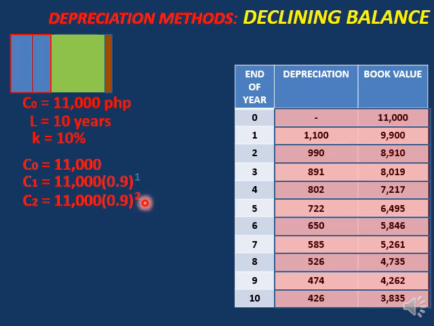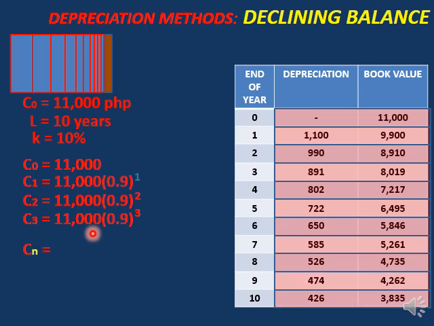So on the third year, this total amount again will depreciate by 10%, leaving only 90% of the cost at the end of the third year, and so on and so forth, up to the 10th year.